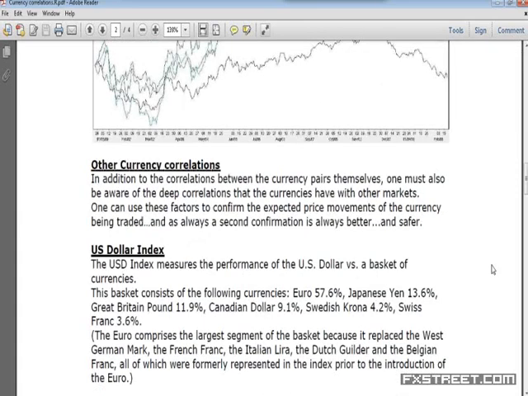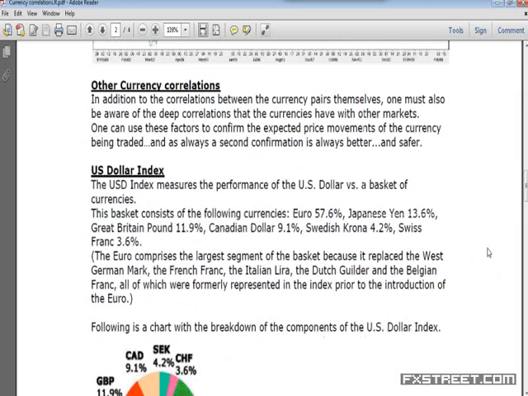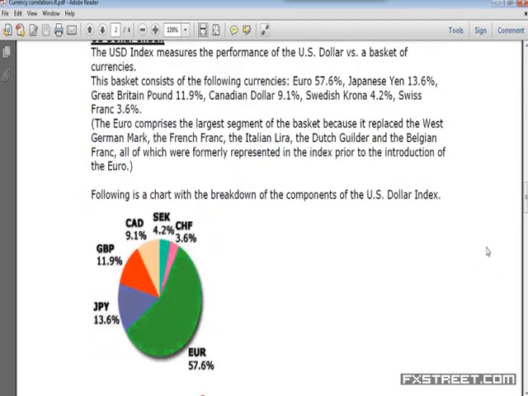Now, this is a chart. If you can see this, this is the basket of currencies. The euro is the major part, 57% of the basket consists of the euro. The GBP, the JPY, the CHF, the CAD, etc. So you have all these currencies. Now, since the euro is the largest part, which of course came from all these European countries merging into the euro, it was given more weightage by force.